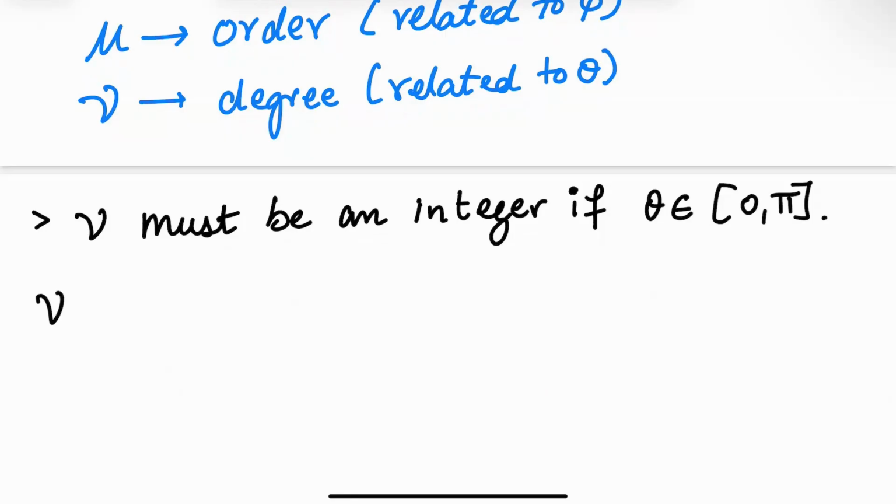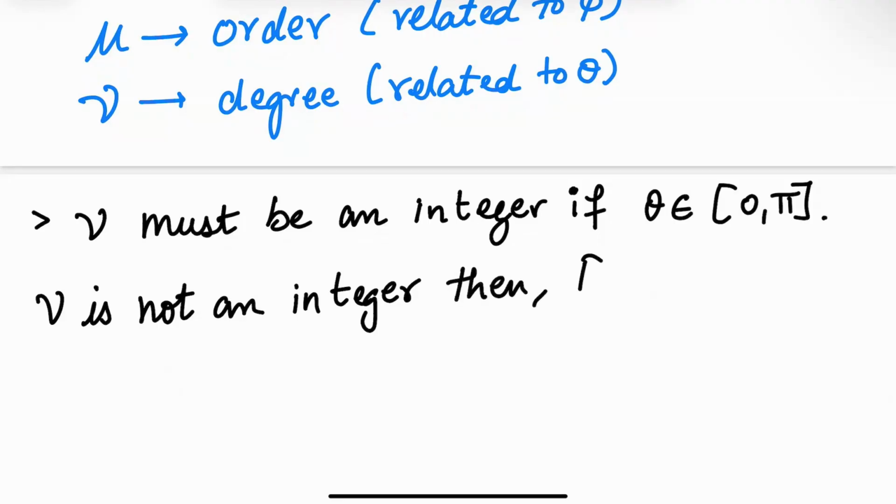If mu is not an integer, and theta contains both 0 and pi, then P becomes multiple valued. Loosely speaking, P becomes multiple valued.